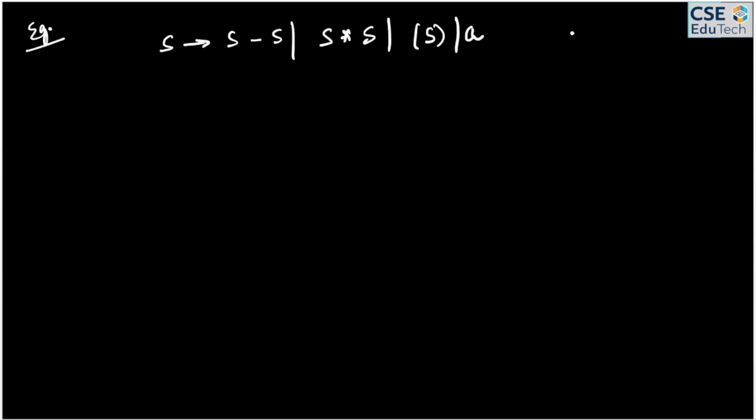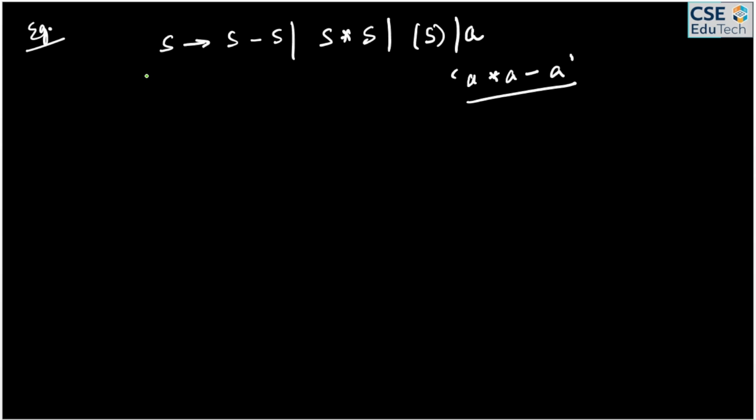Now, if we want to find the leftmost derivation, suppose we have to generate a string of the form a plus a. We have to generate this string, and what will be the leftmost derivation and what will be the rightmost derivation?